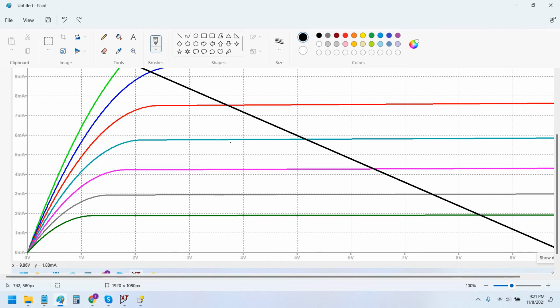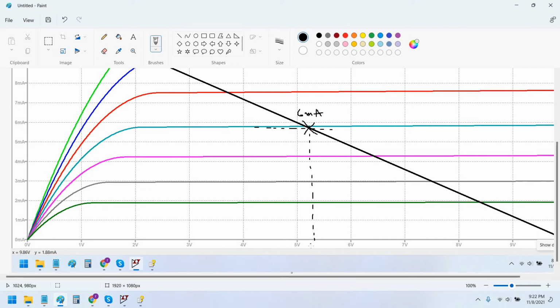So that would be around this line, around 6 milliampere, and this voltage would be around 5.3 volt.